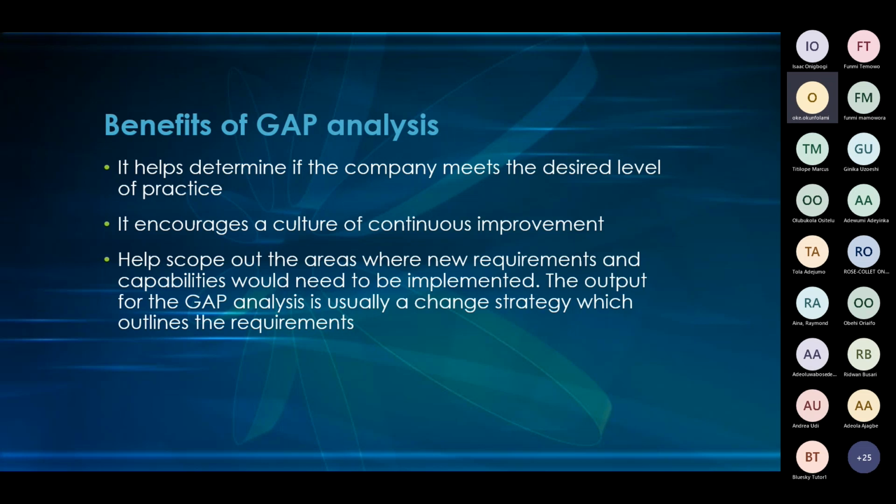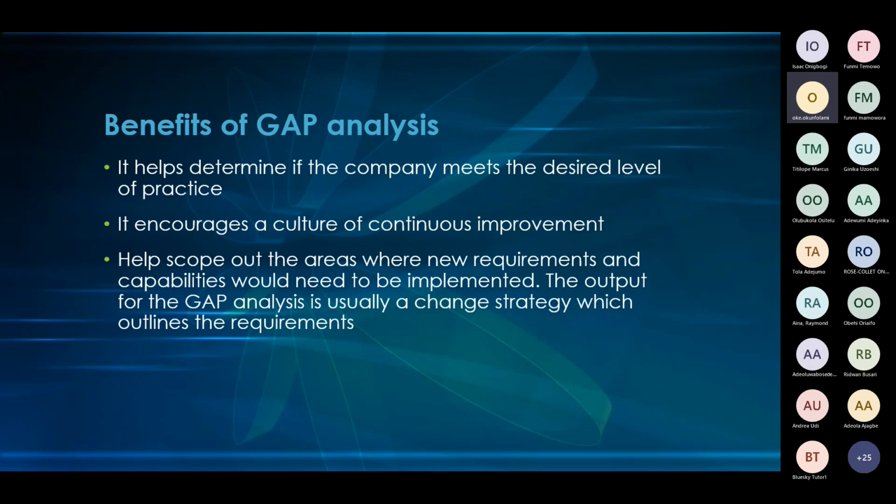continuous improvement. So remember how we said that at the end of a gap analysis, you would have an action plan. If you think about it in that way, then you can see how it helps scope out the areas where new requirements and capabilities would need to be implemented, because the output of the gap analysis is usually a change strategy which outlines the requirements.